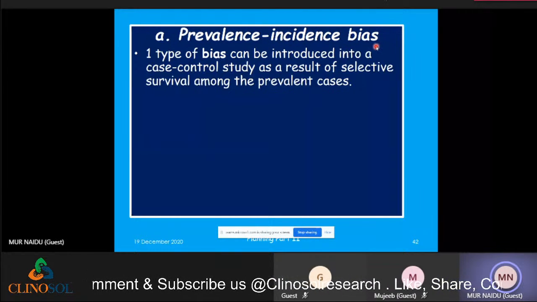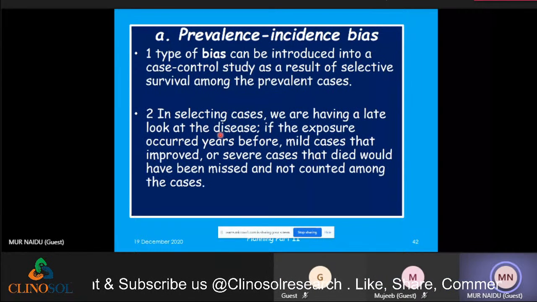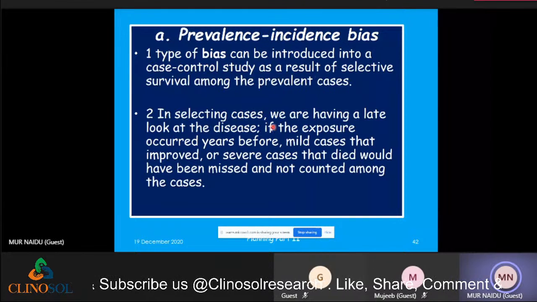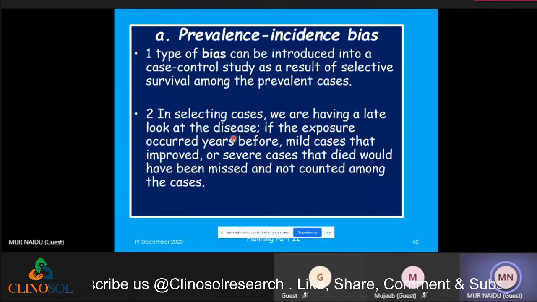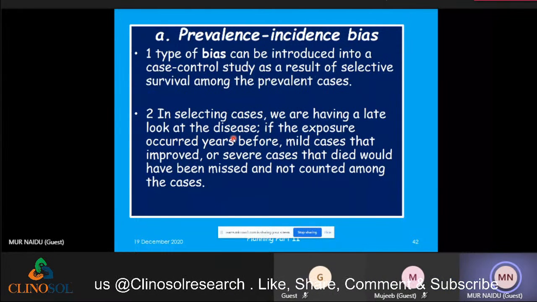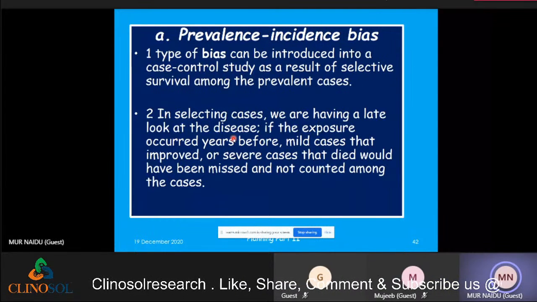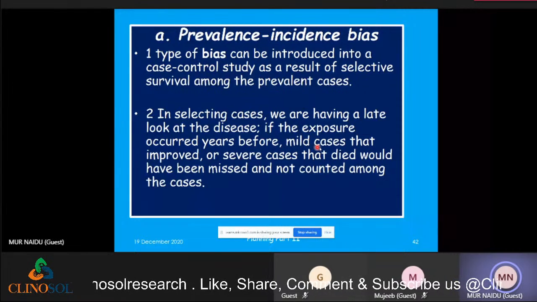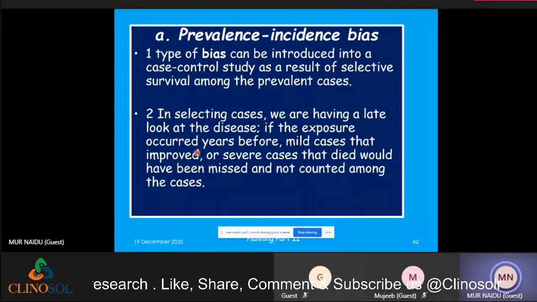Here actually bias will come. How will it come? You are selecting a disease which was occurring much earlier. Today you are doing a study. Already the disease was occurring 2 to 3 years ago. By that time actually all the mild cases of that particular disease have already improved.